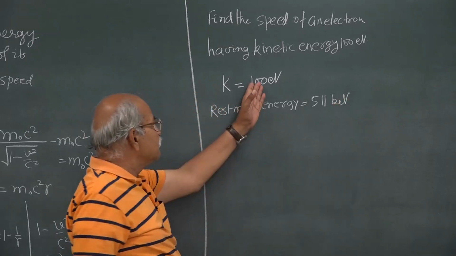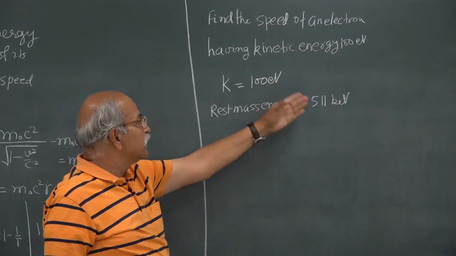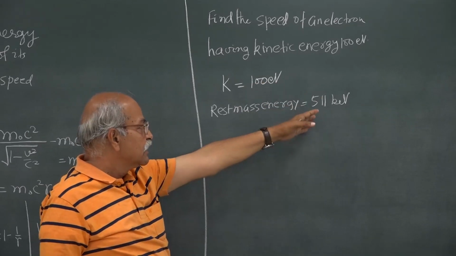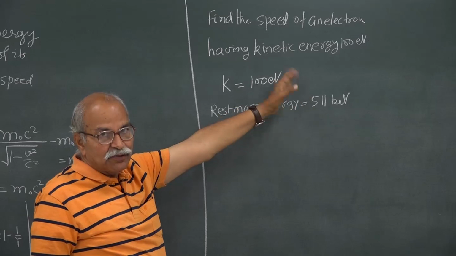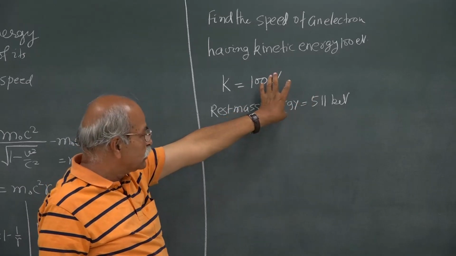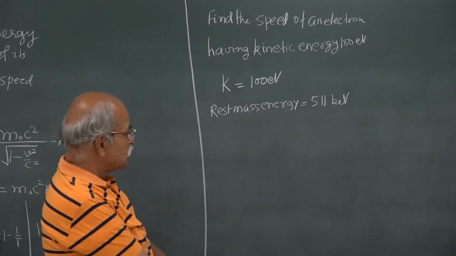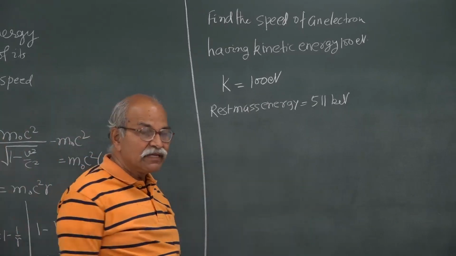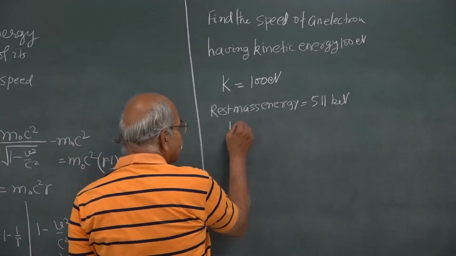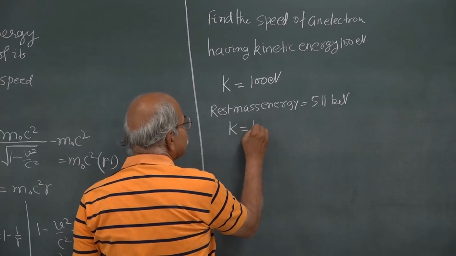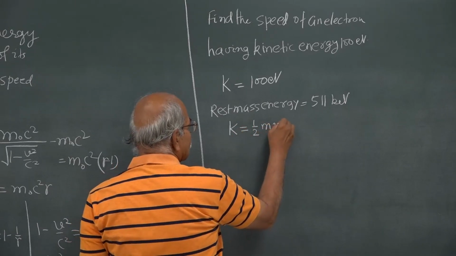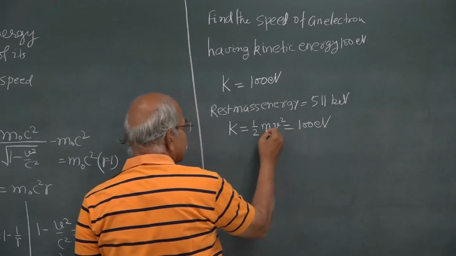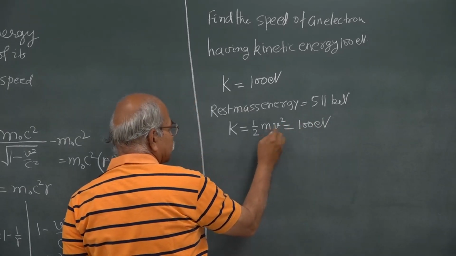So, this 100 eV is much smaller than 511 keV. So, 1 part in 5000 or so, and therefore, one can use non-relativistic equations unless you are doing some very sophisticated experiment. So, I can use K is half mv square, and that is 100 eV. We have to find this speed.